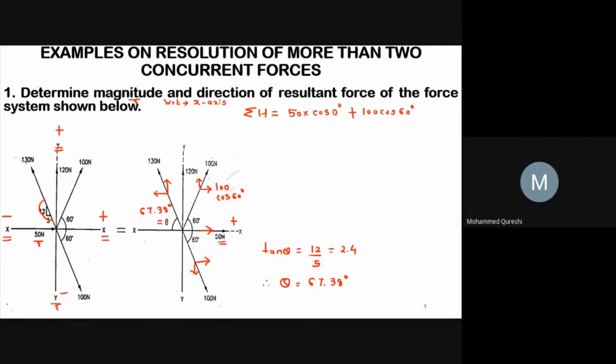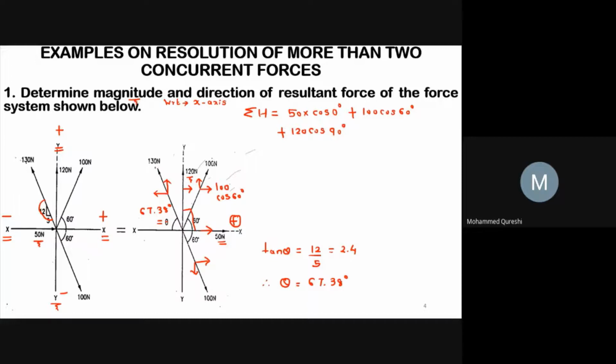Then we will go here 120 cos, it will make 90 degree with x-axis, so cos 90 degree. And here this will be your 120 cos 90. So again in first quadrant means summation of horizontal forces for this 120 Newton force is 0. So plus 120 cos 90.